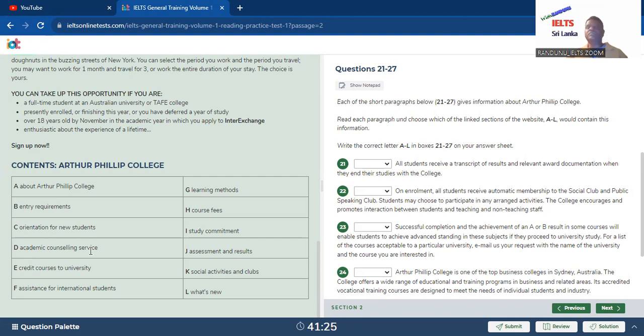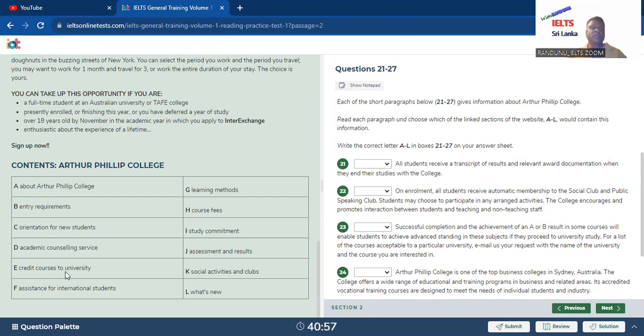D, academic counseling services. That means whenever you are doing your courses and you find difficulties, you are depressed and you are not in the right mind to continue, you need some counseling, some advice. So we call it academic counseling, right? Mental relaxation kind of thing.